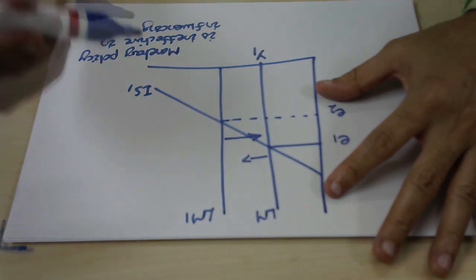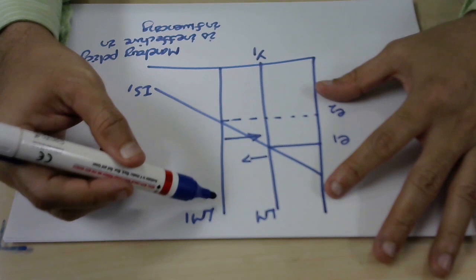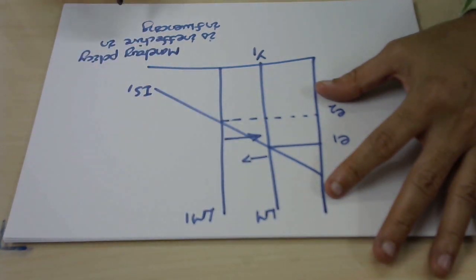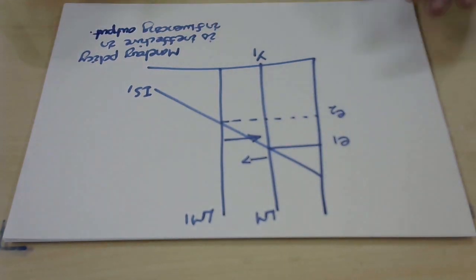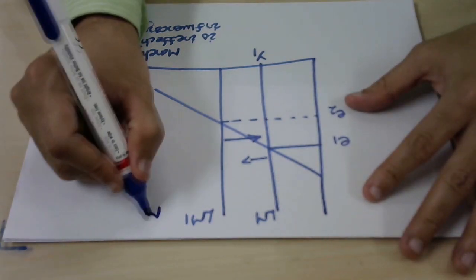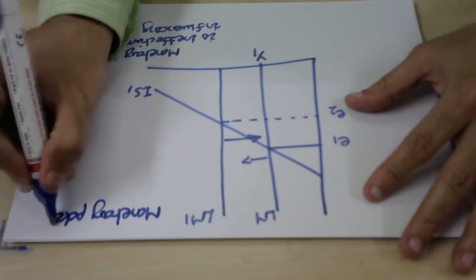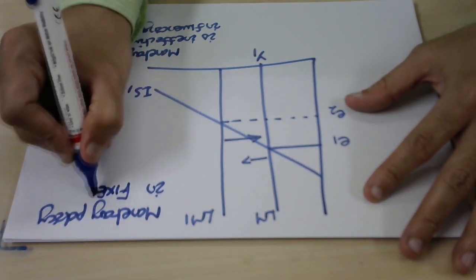When money supply goes down, the LM curve, which had shifted to the right to LM1, again goes back to its previous position LM, and there is no change in output. So monetary policy is ineffective in influencing output in a fixed exchange rate system.